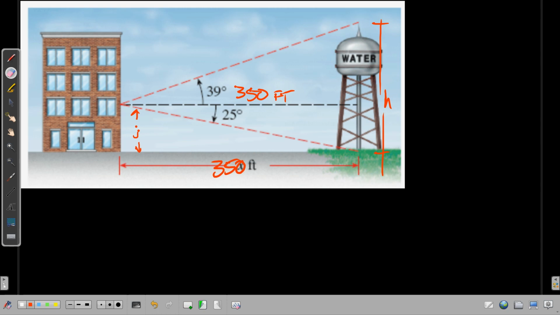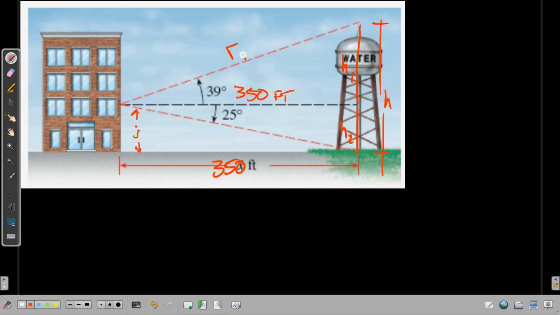Let's break this up into two pieces and call this one H1 and this one H2.